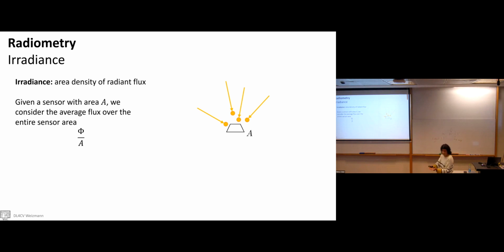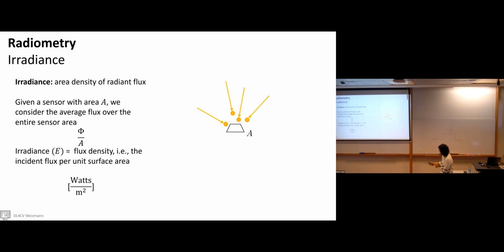So given, for example, a sensor of a camera with area A, we consider the average flux over the entire sensor area that comes from the light, okay? In order to understand what the irradiance is, we take the energy coming to this area and divide it by the area, okay? Phi over A. This is flux density, the incident flux per unit surface area.